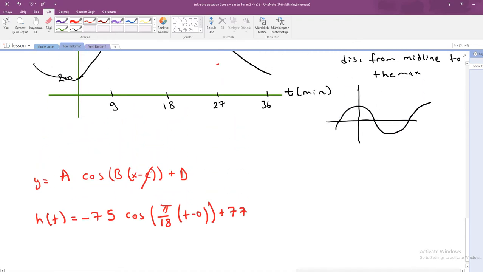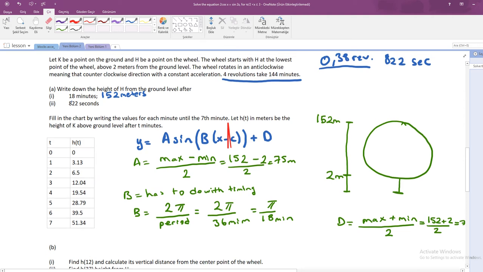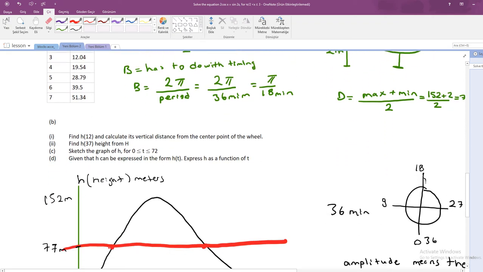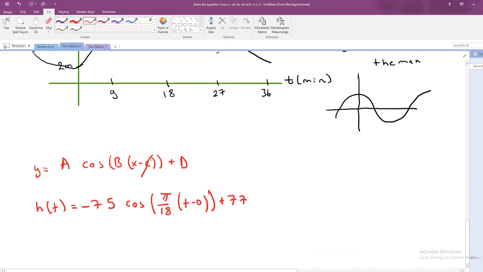Let's go back and look at this one, at 822 seconds. Okay, so our equation is in minutes, right? So 822 seconds, how many minutes does it mean?